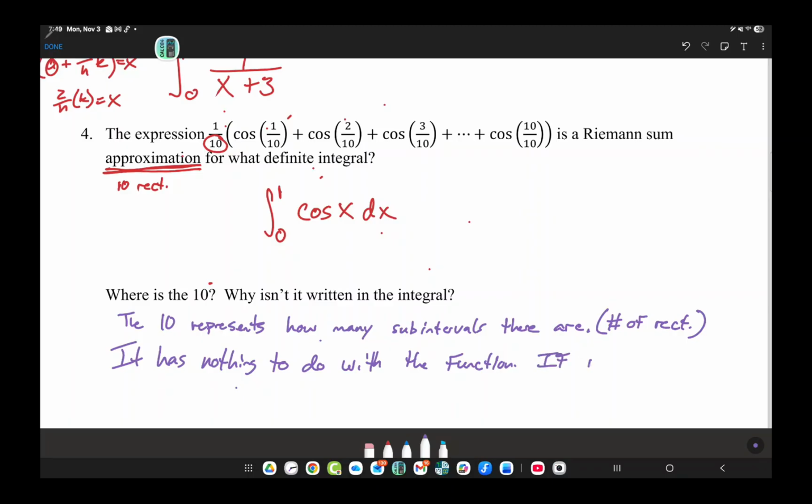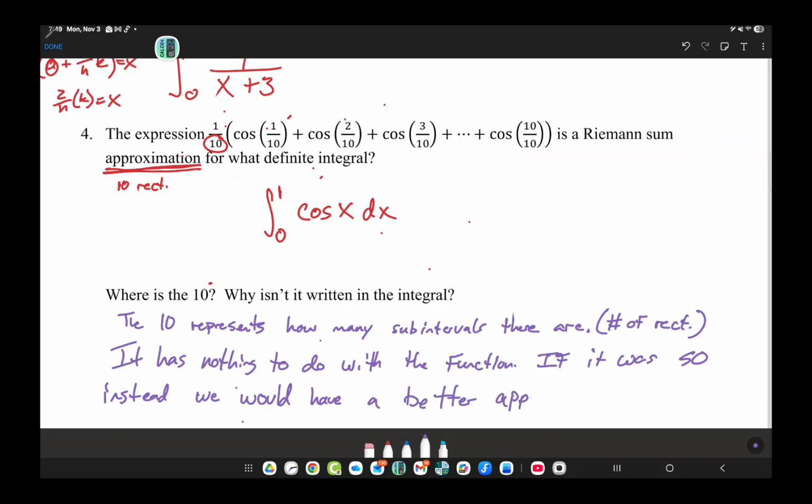If that was 50 instead, we would have a better approximation.